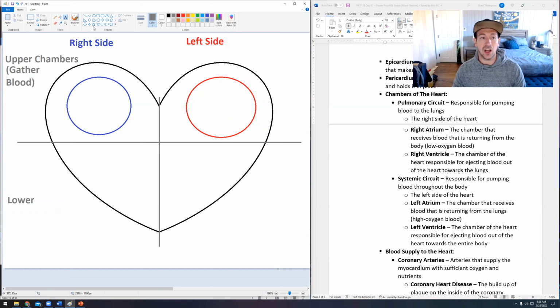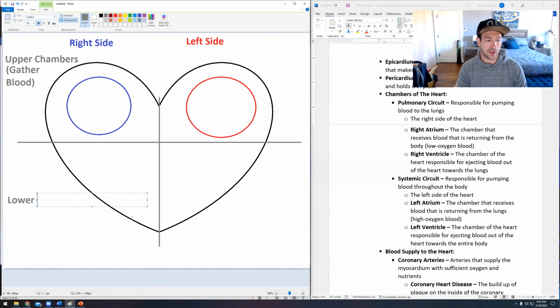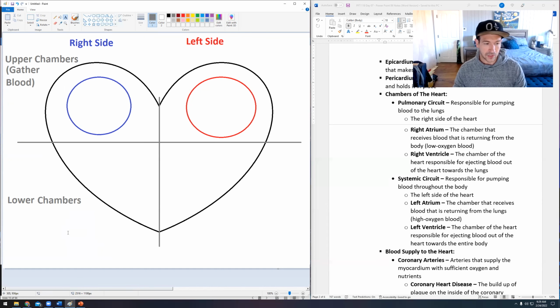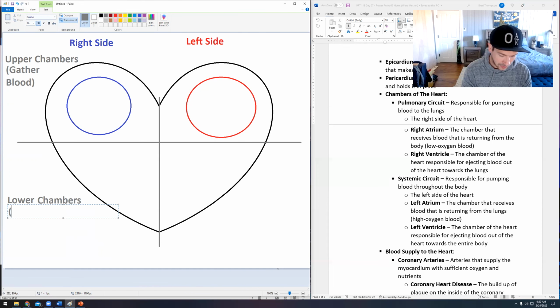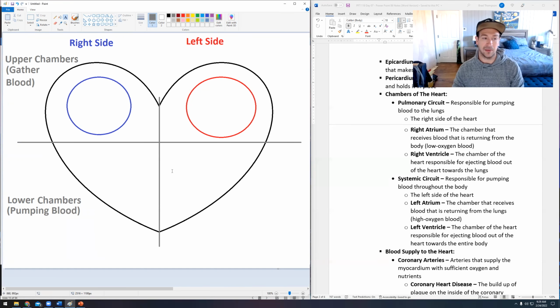The lower chambers are also responsible for their job. Their job is pumping blood. That's where the real heavy lifting of contraction takes place, right? So they're in charge of pumping blood around. So we've got gathering blood up top and pumping blood down below.